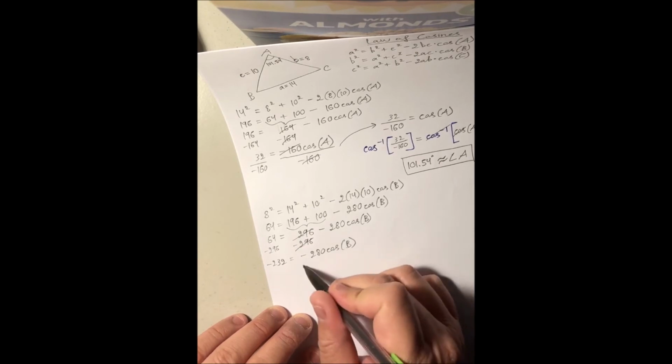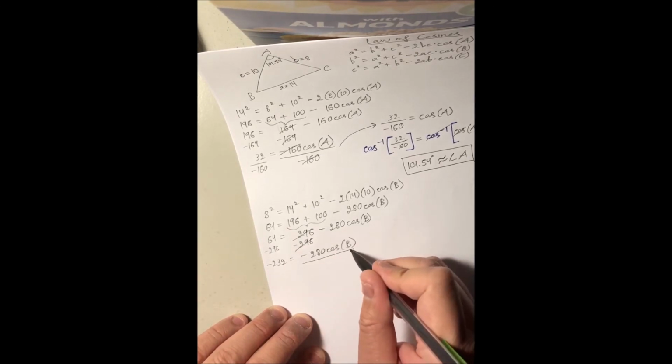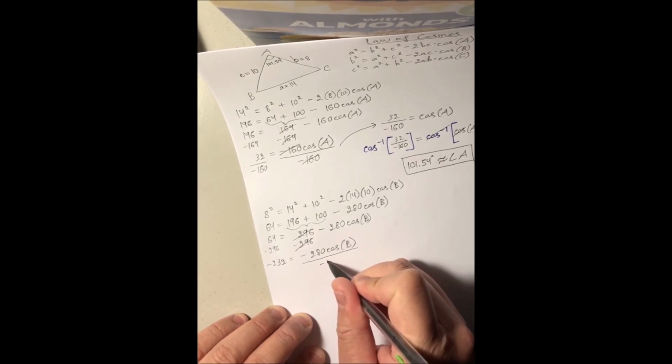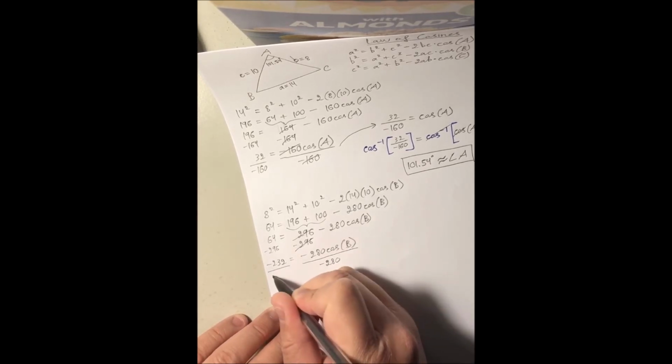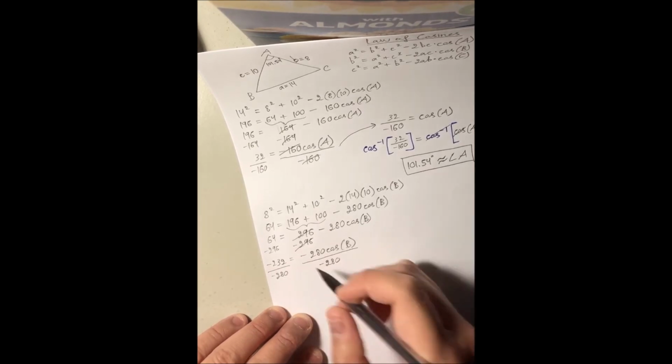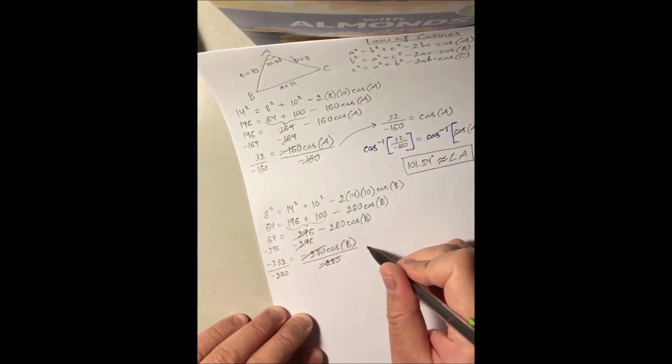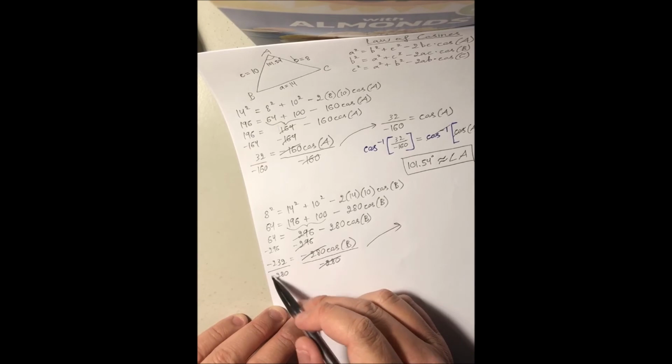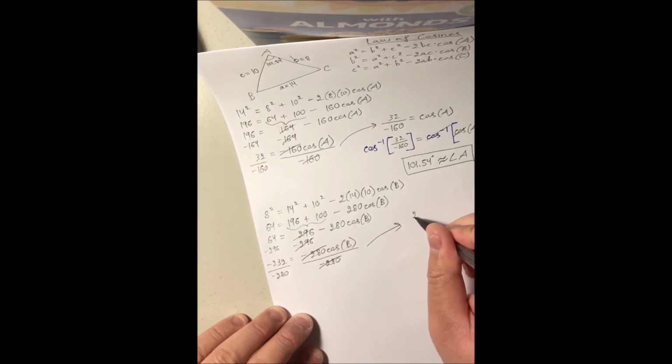Now, to get rid of negative 280, we have to do the opposite of multiplying by negative 280, which is dividing both sides by negative 280. So negative over negative is positive, so positive 232 over positive 280 equal cosine of capital B. And then take the cosine inverse of both sides.